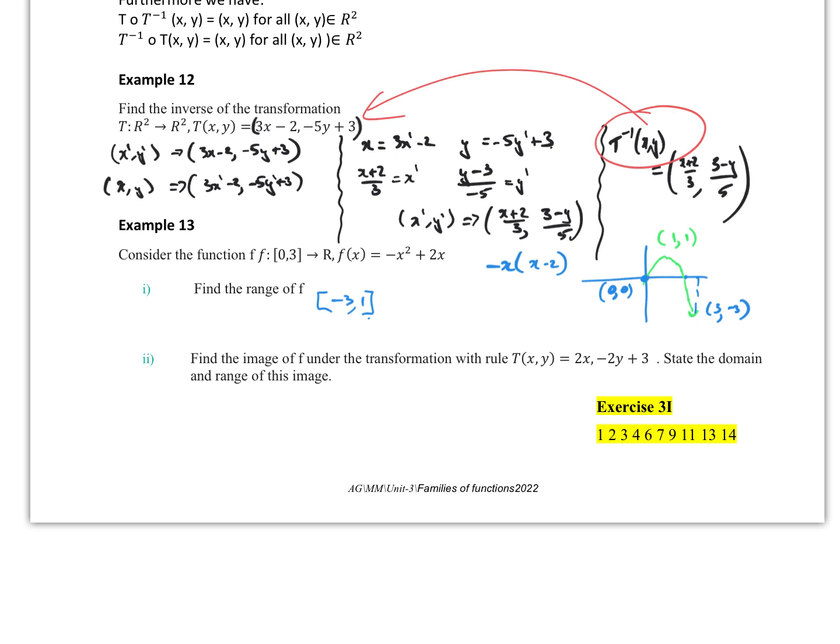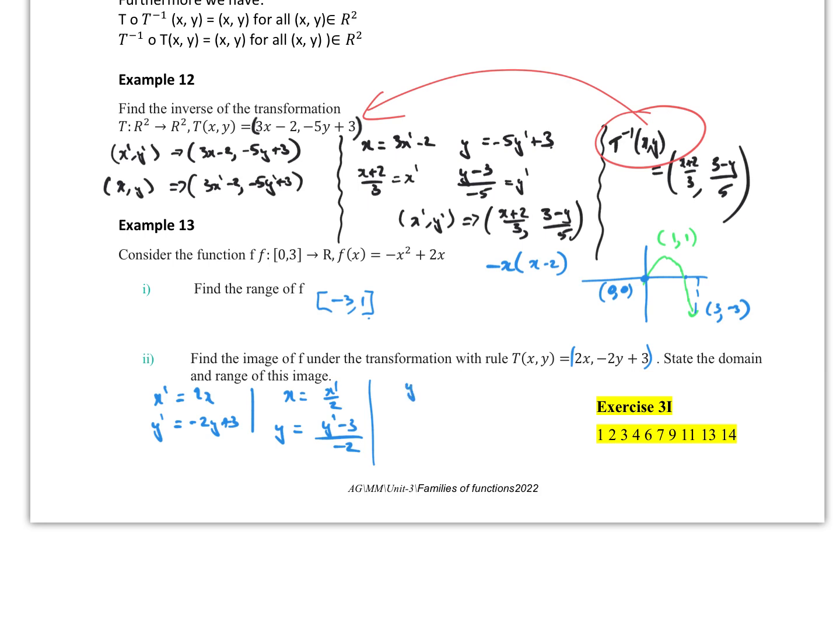So we've got to state the domain and range of the image function. All right, but we've got to find the rule as well. Find the image of f under the transformation. So x' equals 2x, y' equals -2y plus 3. So I get x is equal to x' on 2, y is equal to (y' minus 3) over -2. Substitute those into my function.